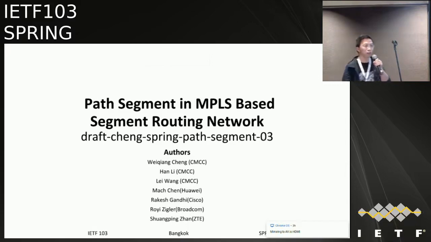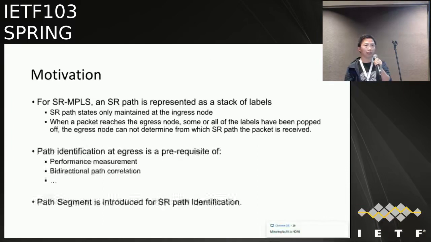So here's the motivation for this draft. As we know, segment routing is designed as a source routing technology that directly encodes forwarding instructions in the packet header. That means the path state is only maintained at the ingress node. There's no path state maintained at the transit and the egress node. So when the packet reaches the egress node, some or most of the labels have been popped off.